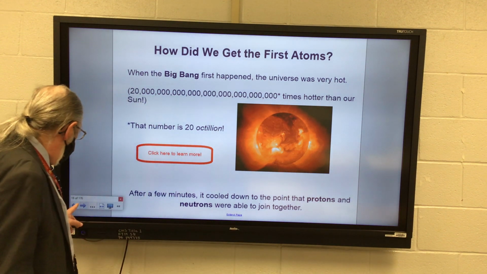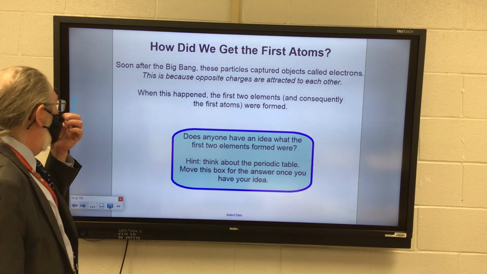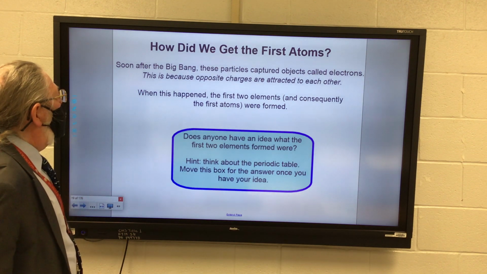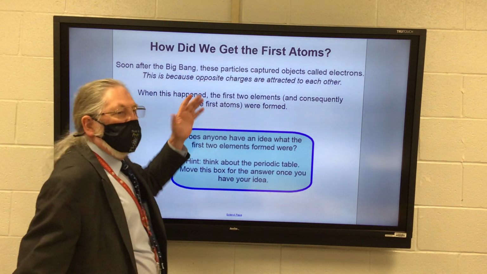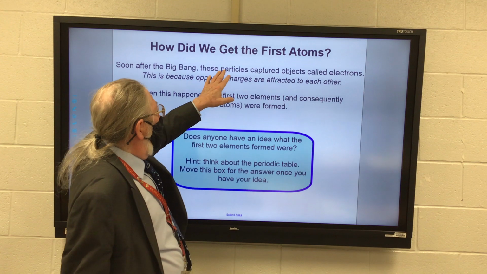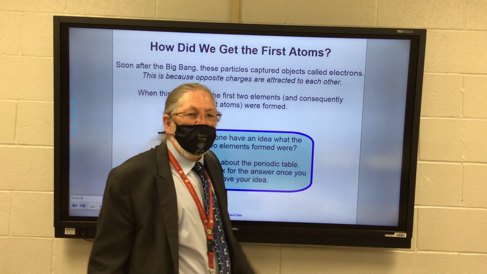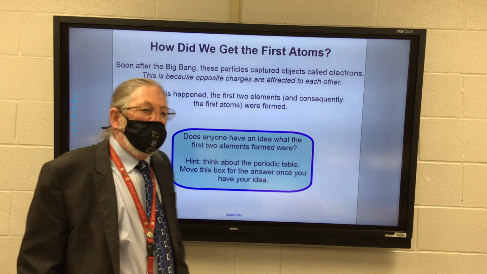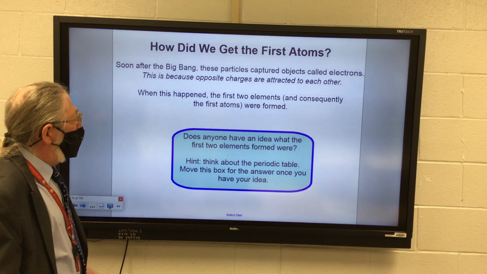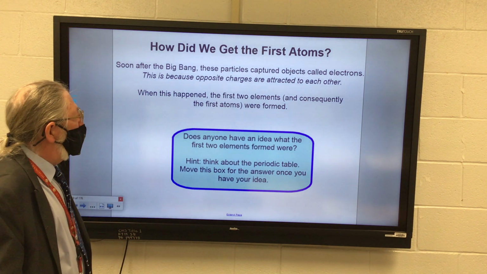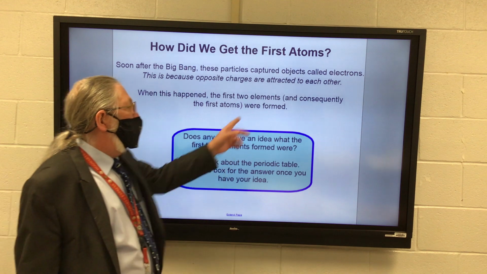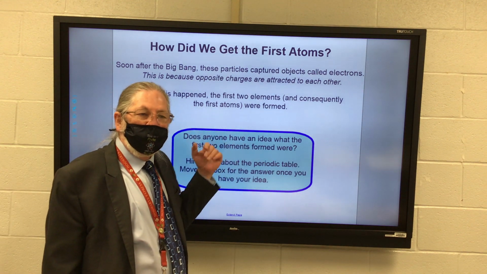Soon after the Big Bang, these particles, the protons and the neutrons, captured particles called electrons. And when this happened, the first 2 elements were formed, and the atom.